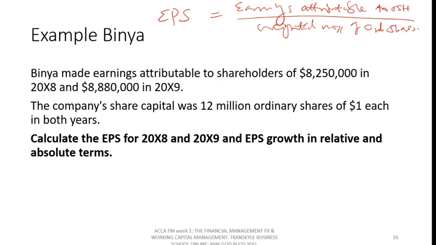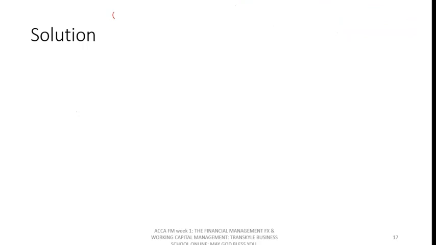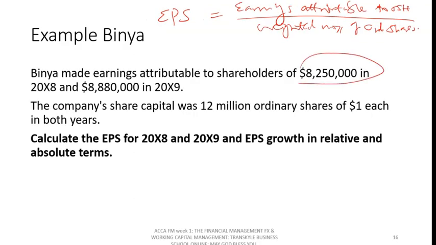Now let's calculate the earnings attributable to ordinary shareholders first. For 2008, we are told that these were 8.250.